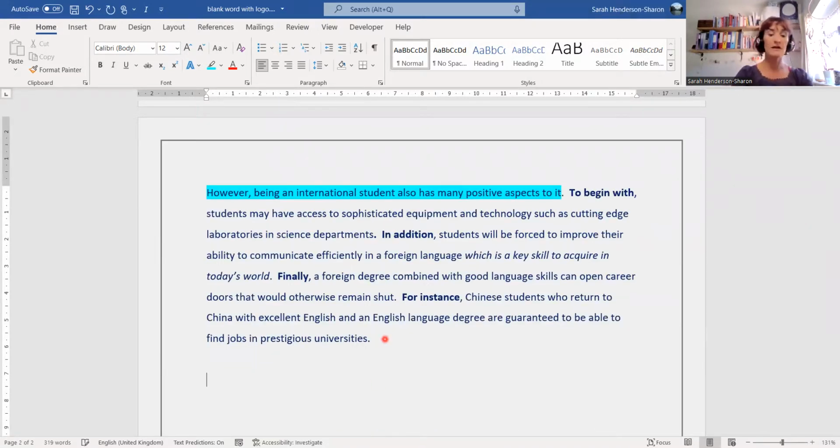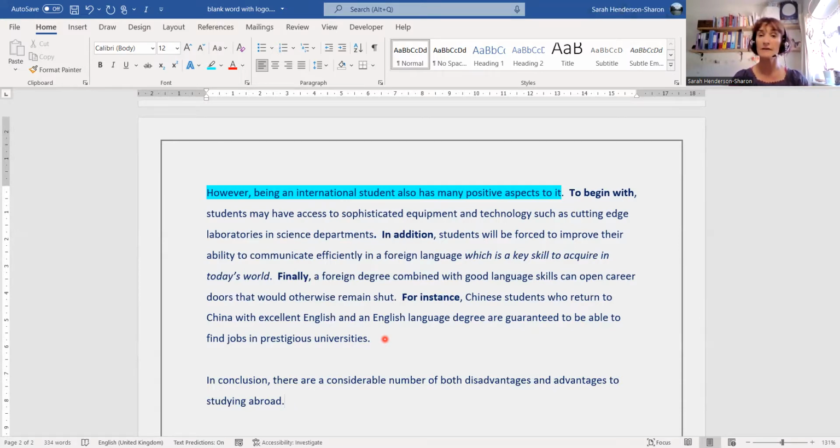So we need the conclusion. And I would, for this question, probably just leave it at that.